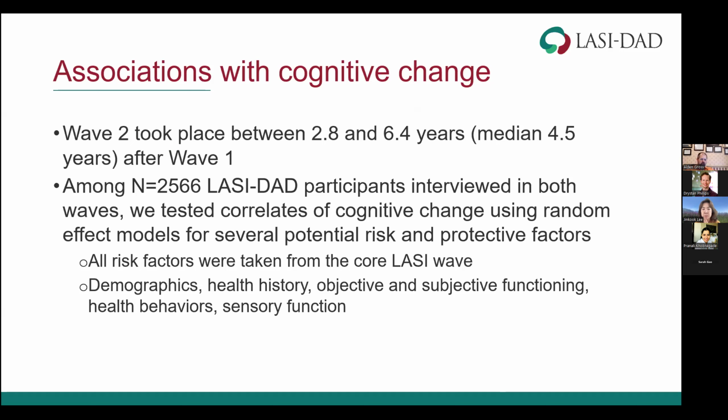I looked at 33 different factors, from demographics to health history factors, objective and subjective functioning, health behaviors, and sensory function. All of these risk factors were taken from the core LASI study, which was conducted even earlier than LASI-DAD wave 1.